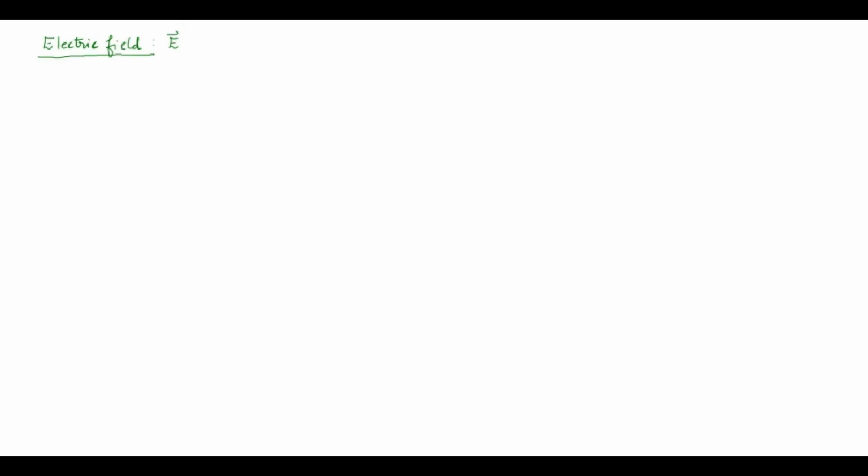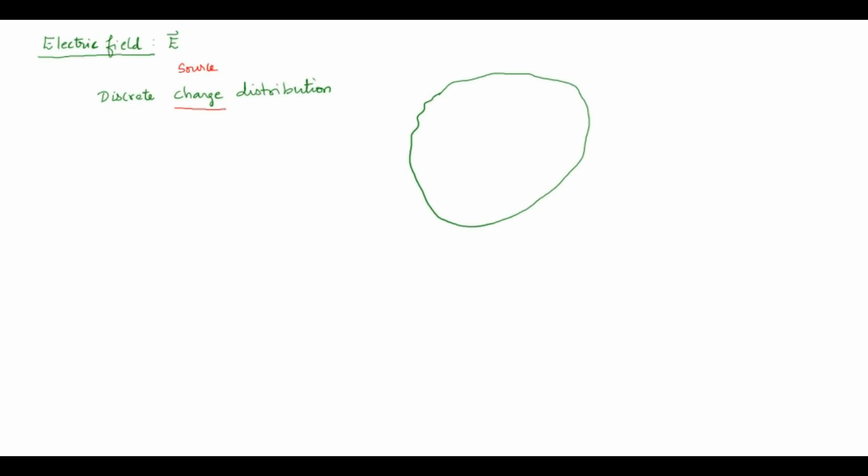So we have some discrete charge distribution. Let us consider this case. These charges are now actually source charges. Okay, source charges, and therefore let us take some region where the charges are distributed.